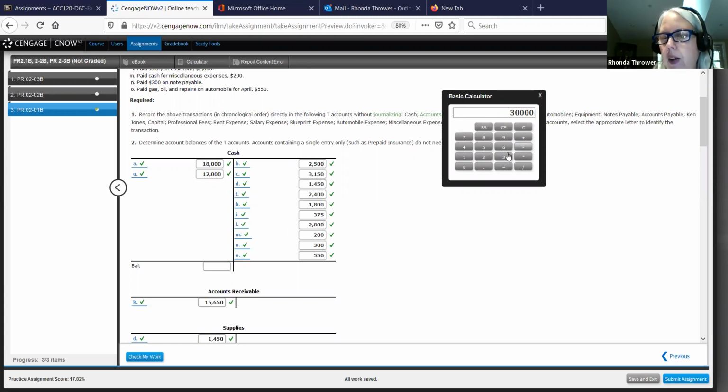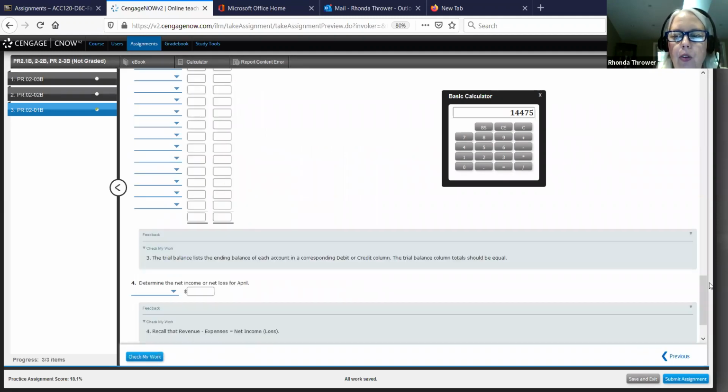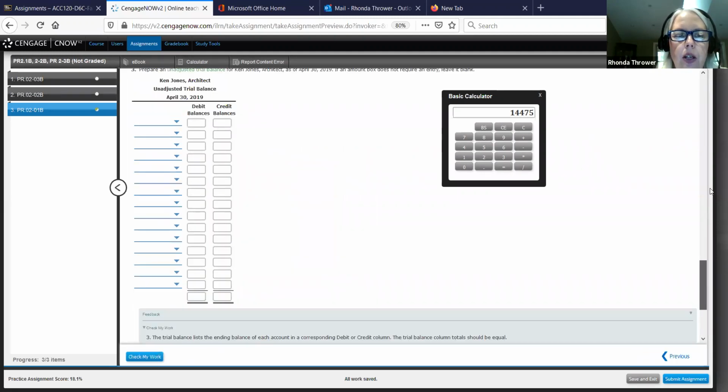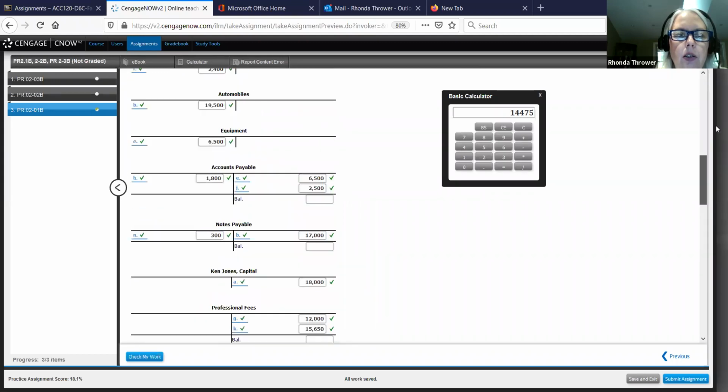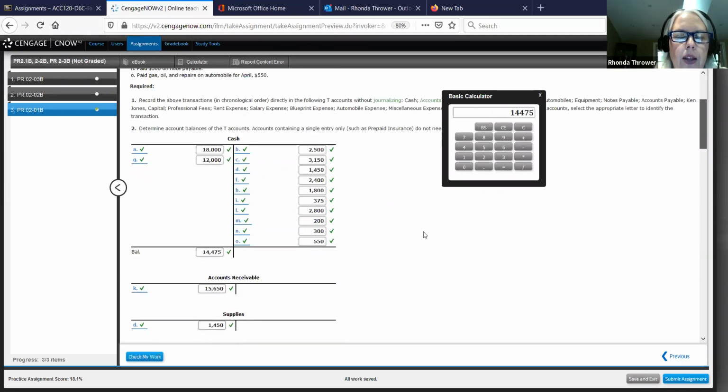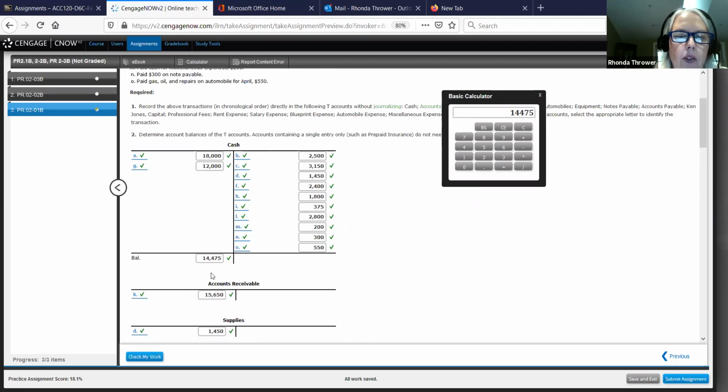I'm going to subtract out my credits of 15,525, and that will leave you with a balance in the cash account of 14,475. And I'm going to check my work just to make sure that I added everything and subtracted everything correctly. And this is the correct balance here.